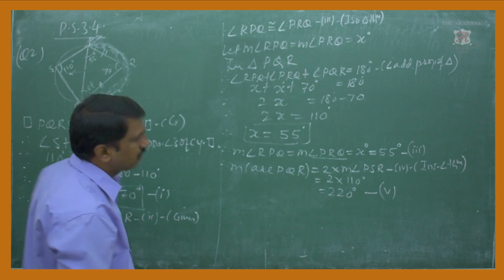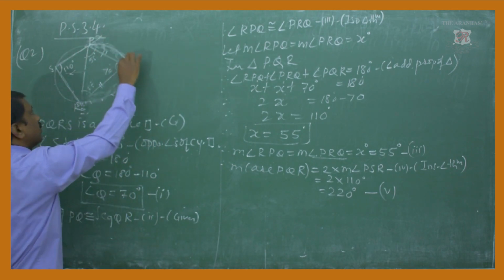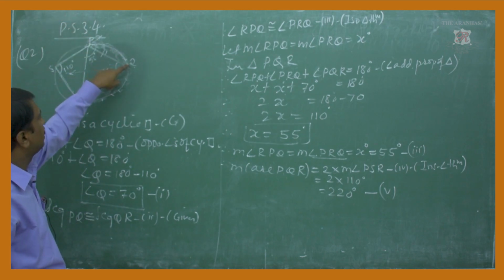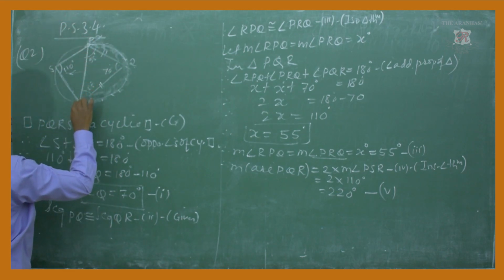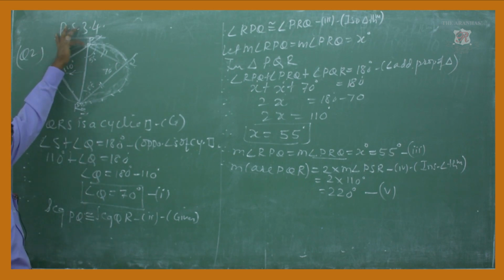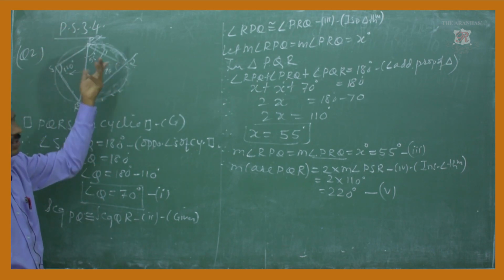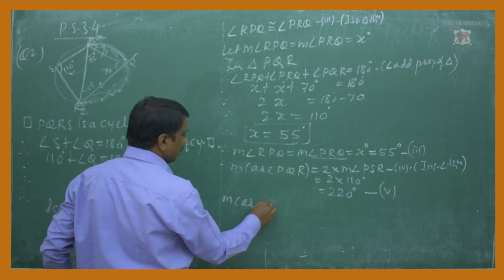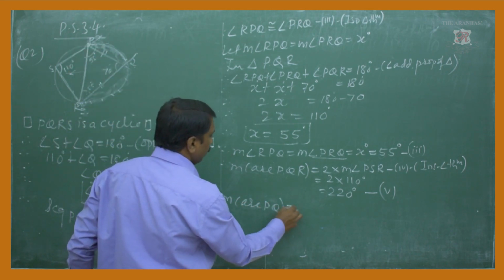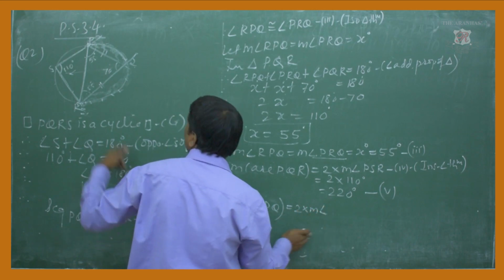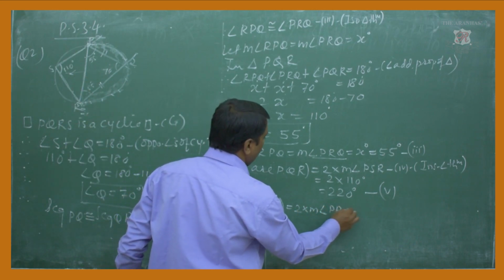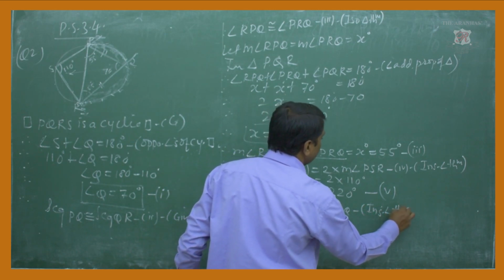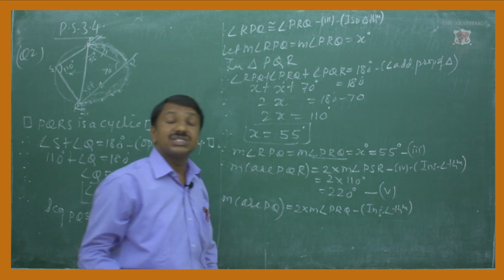We have to find the measure of QR also. Same thing, QR is intercepted by which angle? Here we have inscribed angle PRQ. So down, measure of arc PQ is equal to twice the measure of angle PRQ. The reason is the inscribed angle theorem.